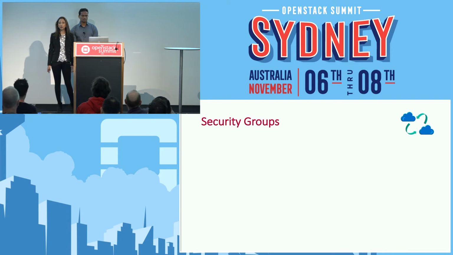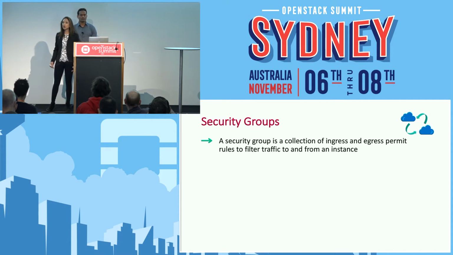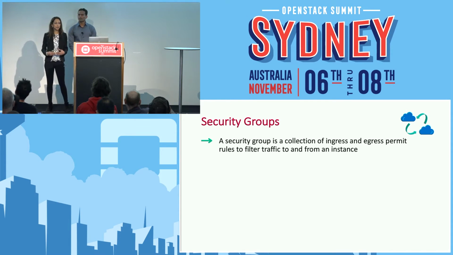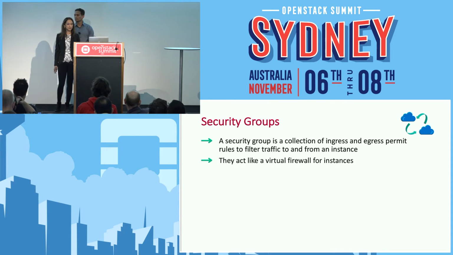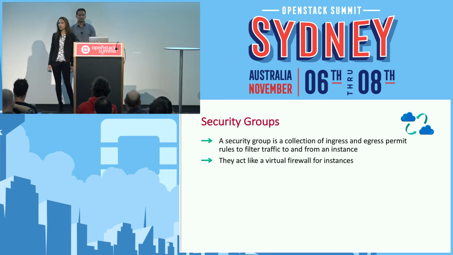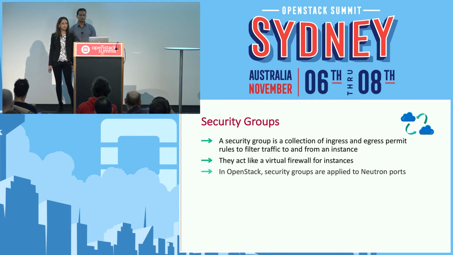So we move on to talking about security groups. A security group is a collection of ingress and egress permit rules to filter traffic going to and coming from an instance. So what they do is essentially act like a virtual firewall for an instance. In OpenStack, the security groups are applied to a port.